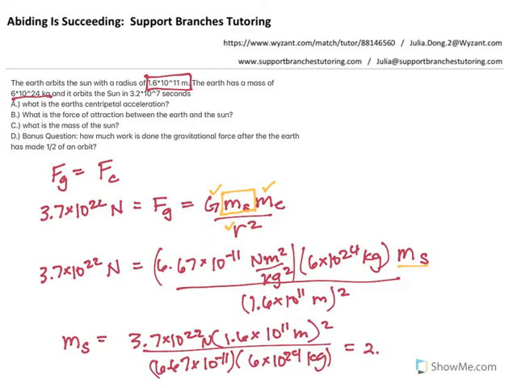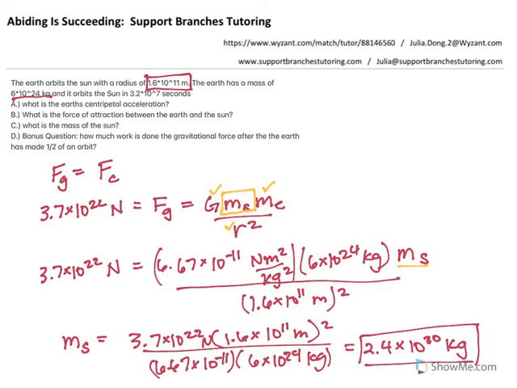And we get 2.3. I'm going to round it to 2.4 times 10 to the 30, and we should have kilograms here. Okay, so we've got the mass of the sun.